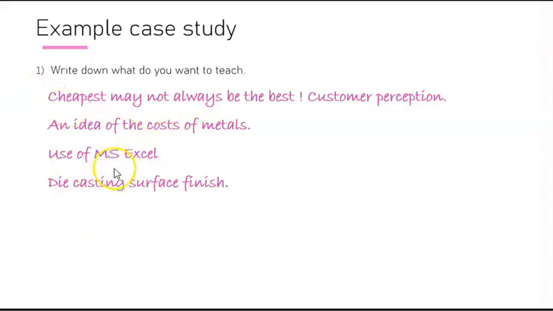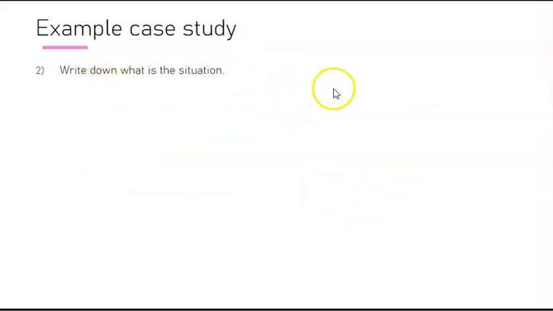Another thing is, we want him to familiarize himself with the use of MS Excel, at least in a limited way. And I want to teach him about surface finish, what kind of surface finish you can expect. These are all the things that I want to cover in the case study that I am planning to write.